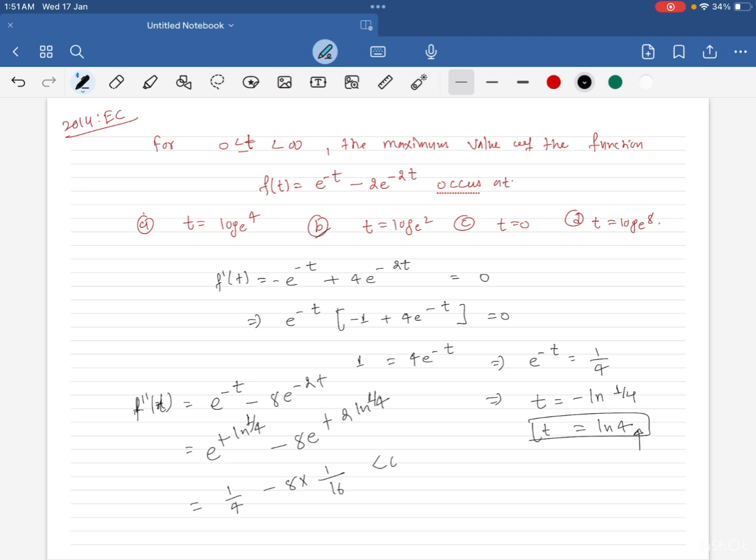So that would be less than 0, right? 1 by 4 minus 1 by 2, that will be minus 1 by 4. So that confirms that this point is a point of maxima. So the correct answer for this is ln 4.